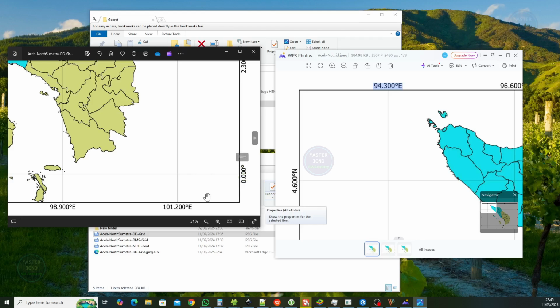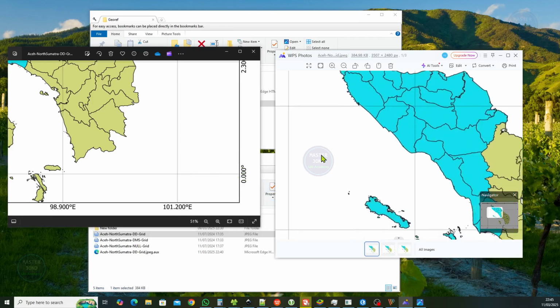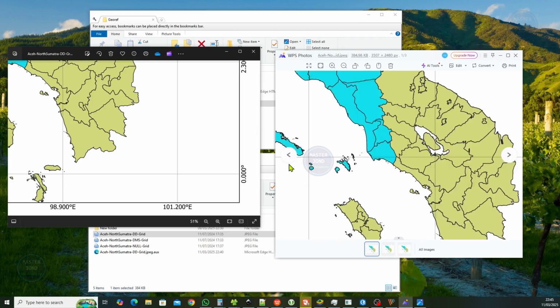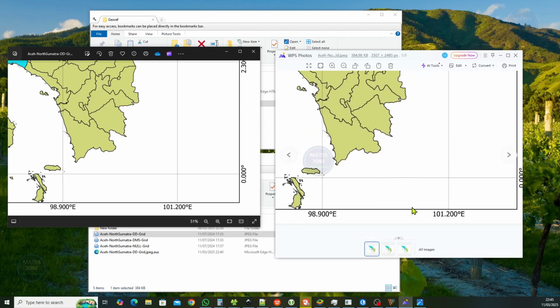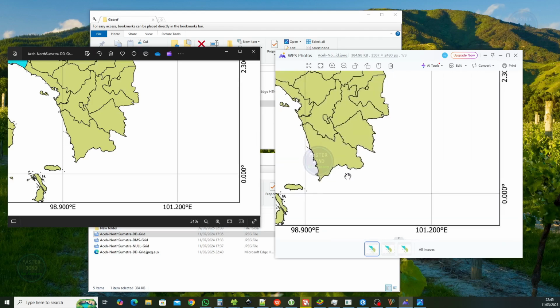0.00 degree and 101.200 or only 2. We can delete the double zero here. 101.2 degree E, and 101.2 degree E. Same.